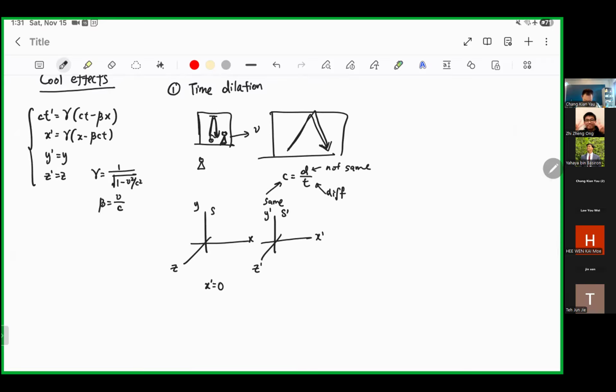Because, okay, let's say I have a particle moving, and we have a stationary observer here in S, and then let's say we have another frame, S prime frame here.